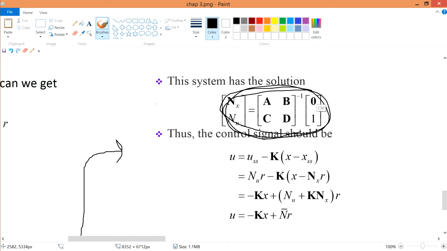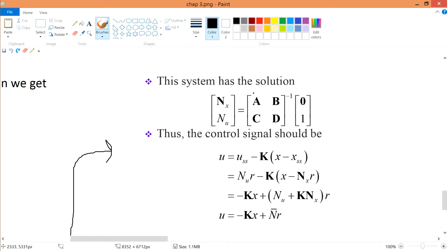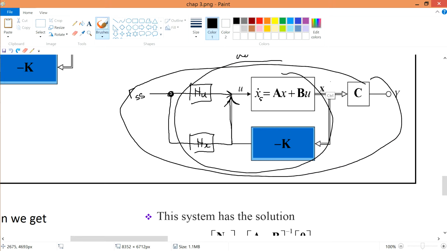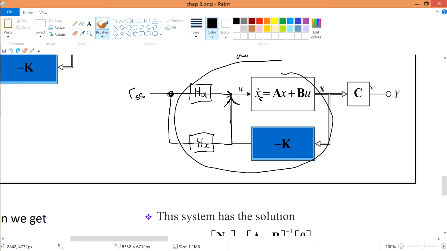Alright, we will not go into the example, but this is just to prove these things to you. Therefore, if you have any value of A, B, C, and D, you can easily formulate your NX and NU, and then you can simply substitute it into your systems over here, such that you eventually acquire your steady state as a whole. So as you can see, this is a foolproof solution to help you acquire your steady state.